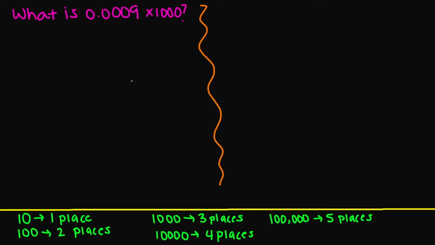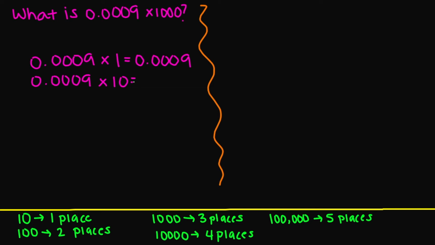All right, let's look at this example. What is 0.0009 times 1,000? So we have 0.0009 times 1. We know that's going to give us the same answer. If I do 0.0009 times 10, I just have to move my decimal 1 place to the right, and that's going to put me right here in between these 2 zeros here.